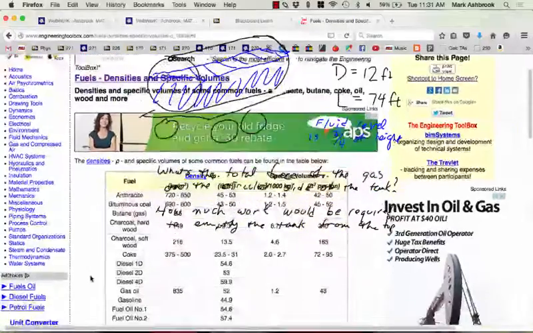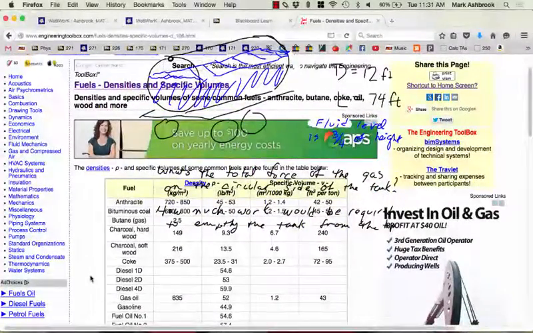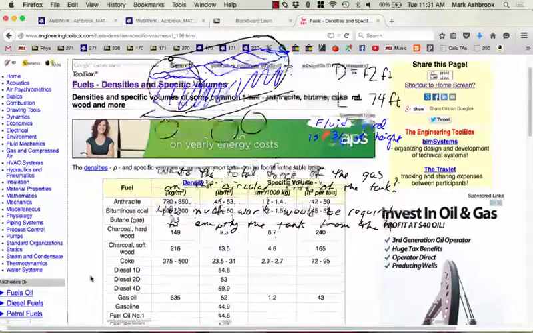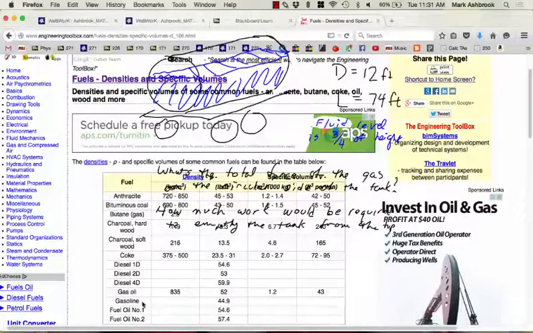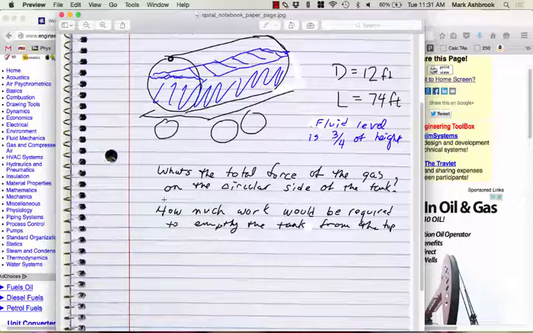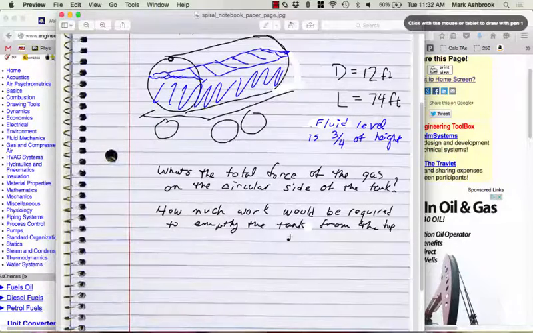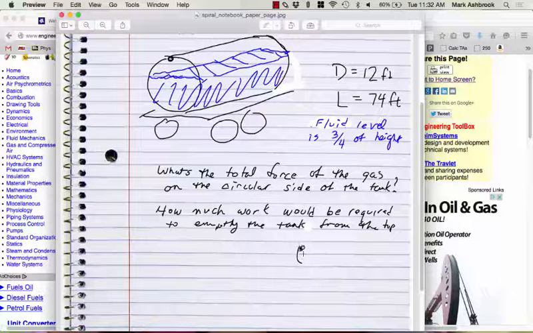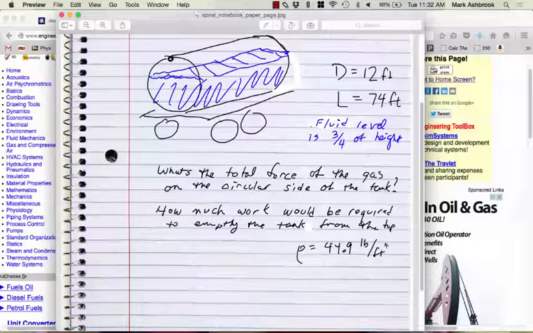Oh, great. Gasoline. There it is, 44.9 pounds per foot cubed. Okay, so you've got just that one. No web work, just this one two-part written problem.